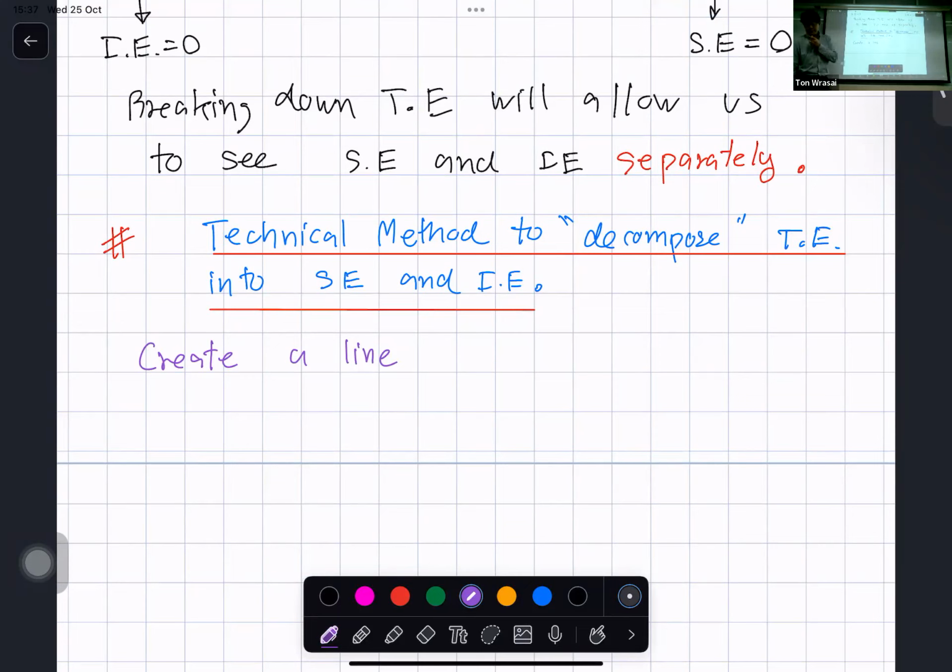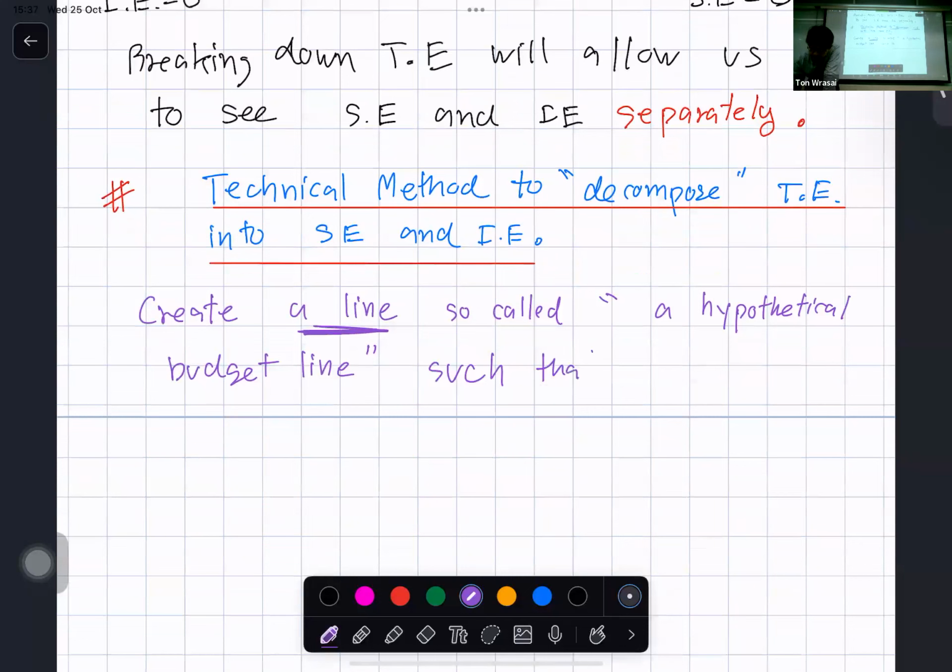Create a so-called hypothetical budget line, such that this line must be parallel with the new budget line BL2.